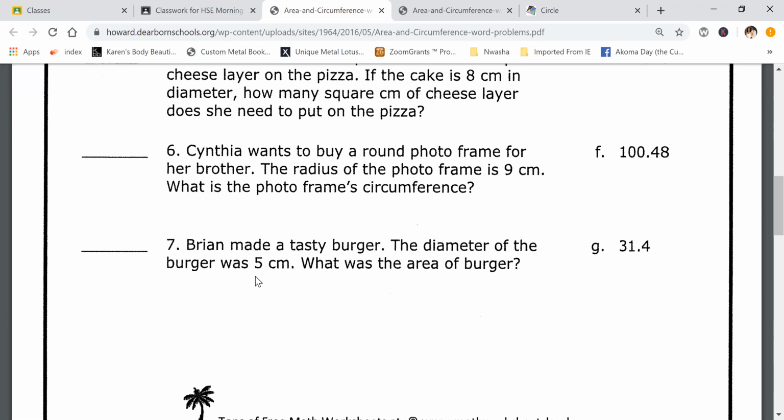So even not doing all of the figuring, you're saying, okay, I'm looking for a number that is small. If the diameter of the burger is 5, what you're really looking for in number 7 is 2.5, the radius. But if you don't want to work with that decimal, you can say, okay, let me just act like the 2.5 is a 3. 3 times 3 is 9, which I already know from the multiplication table. And then 9 times 3 is how much?